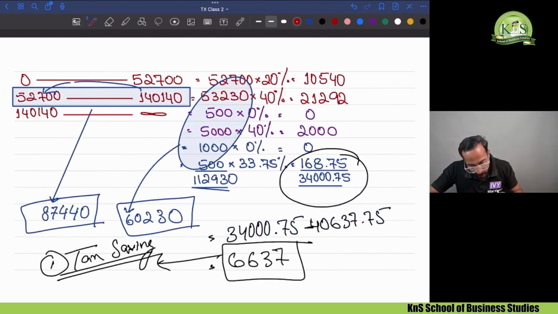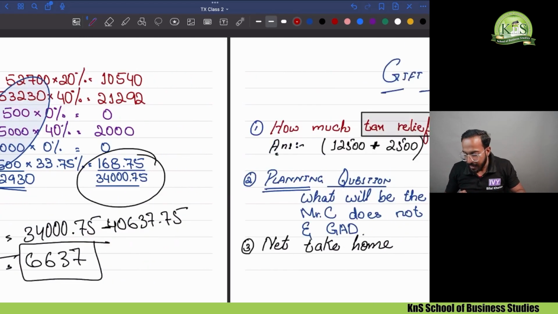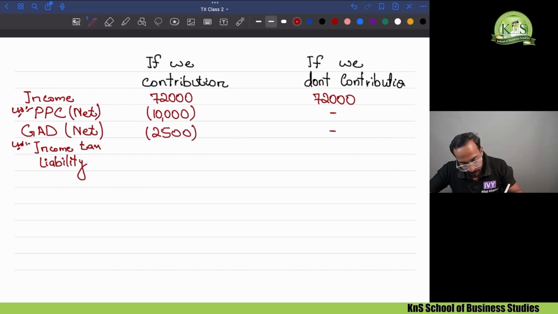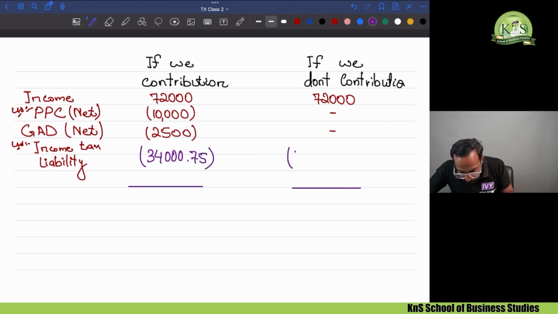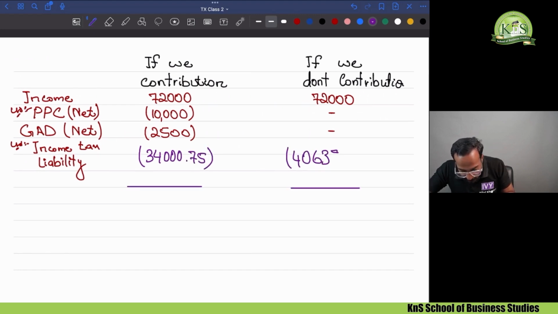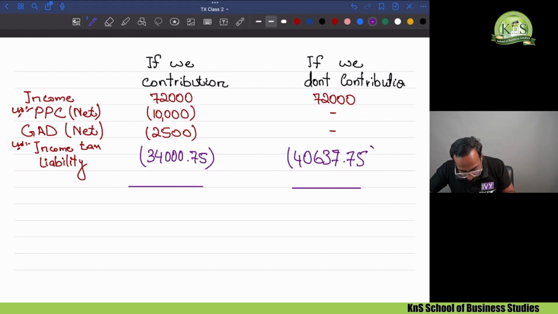Income tax liability, we have just calculated it. If we contribute, 30,400 will be the tax liability. If we don't contribute, our tax liability will be increased to 34,000.75, 4637.75, right?